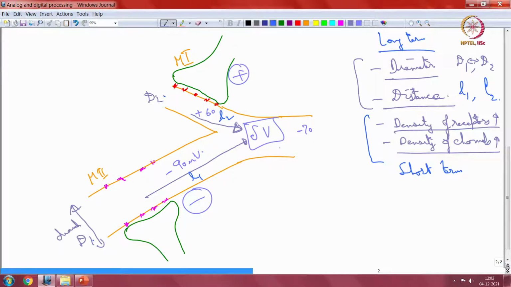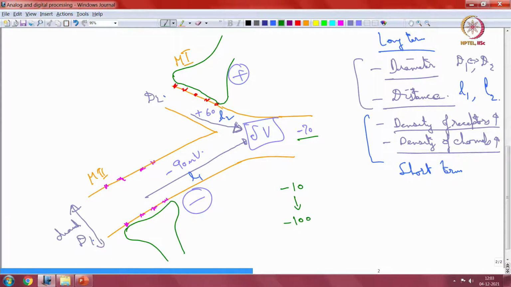So, what actually happens here? I need more colors. If we plot what is happening to minus 70, because we assume that the density of receptors and density of channels is the same between M1 and M2, we would say that minus 70 goes to, in numerical terms, minus 10, and then because the signal is arriving a little later than that, it should go to minus 100, right.